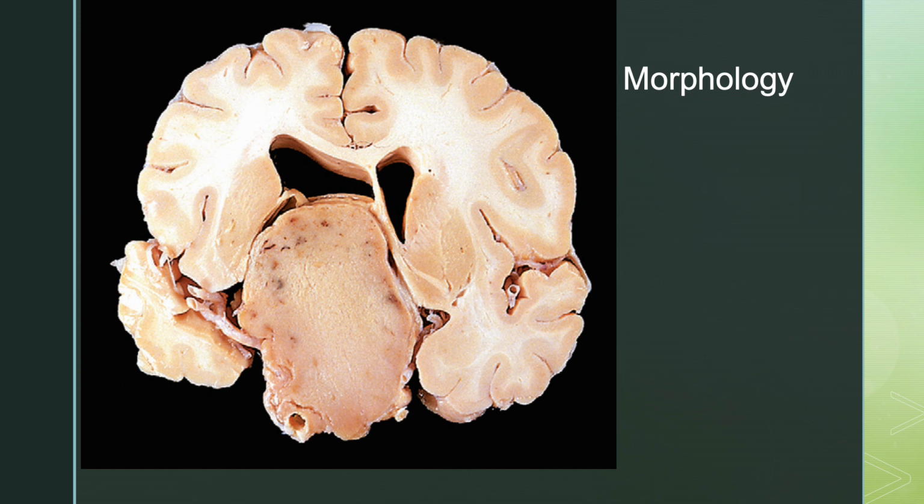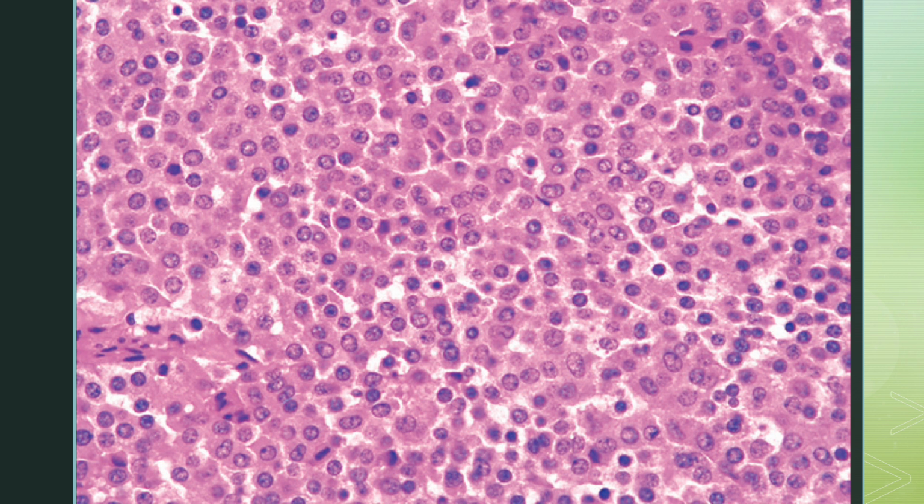This is a microscopic picture of a pituitary adenoma. Notice the large mass at the base of the skull actually encroaching and compressing the lateral ventricle. This is a histologic image. If you compare this one to the one at the beginning of this lecture, notice that this tumor is composed of only one cell type. All of them are eosinophilic.